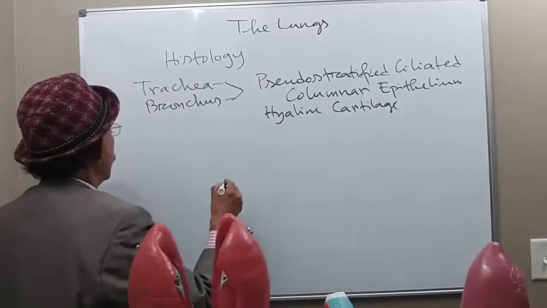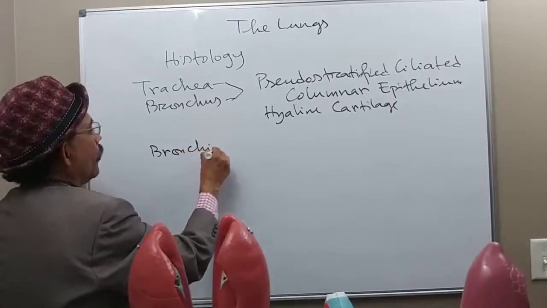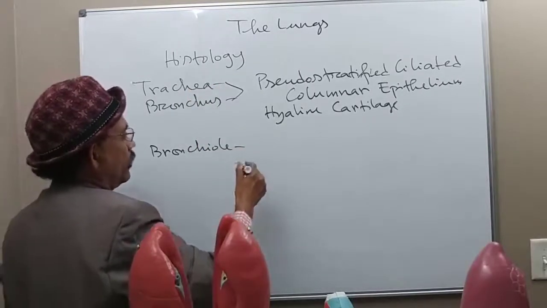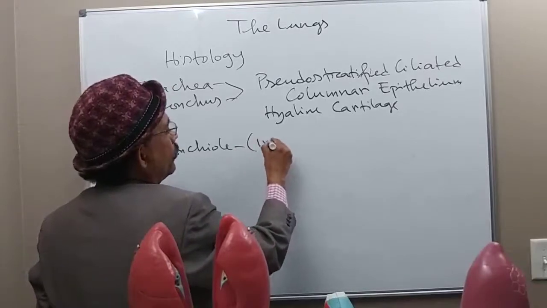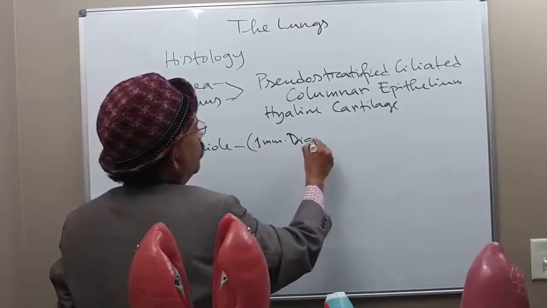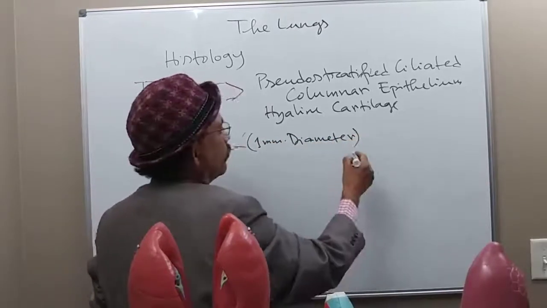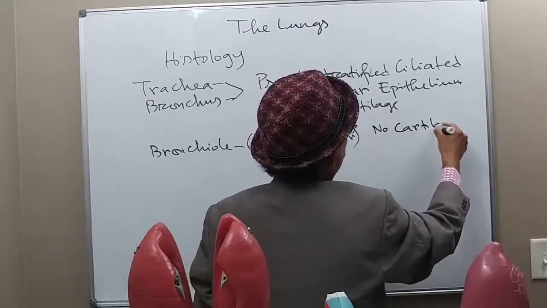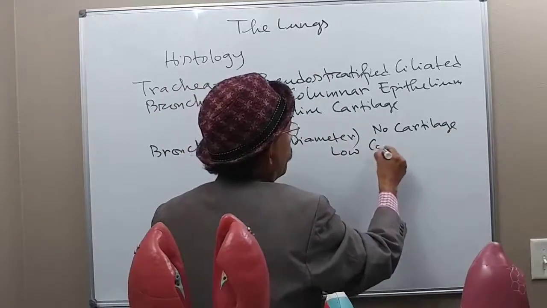Okay, if you go to the bronchiole, after many divisions, nearly 10 to 15 divisions, the bronchiole is 1 millimeter in diameter. Bronchiole has no cartilage. Epithelium will be low columnar.